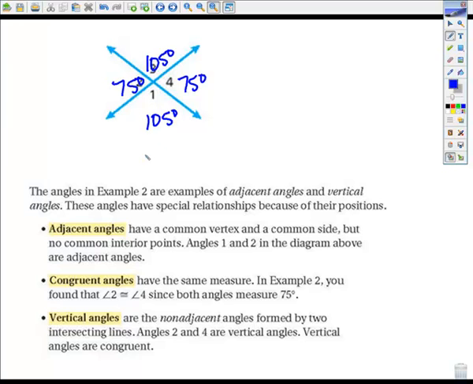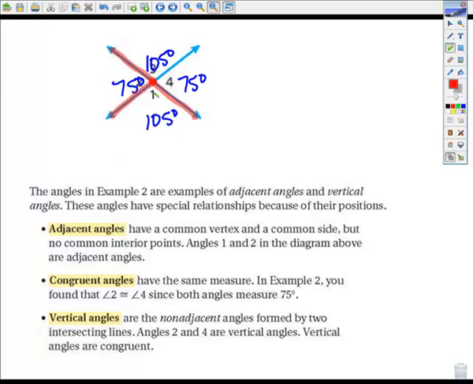Now I don't want you just fast forwarding and skipping over these important angle types, so let's look at these. In example 2, there's examples of adjacent angles and vertical angles, and these are special because of their positions. So first let's look at adjacent angles. They have a common vertex and they share a side. So if I just randomly choose this side, the two angles that share that side are angle 2 and angle 1.